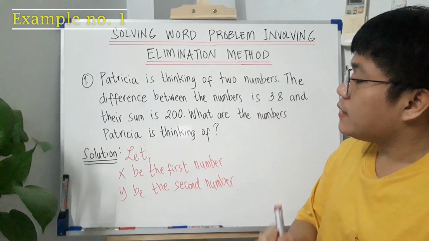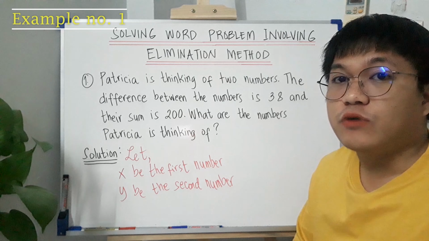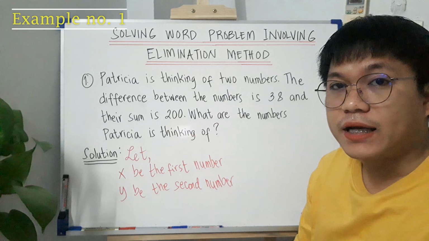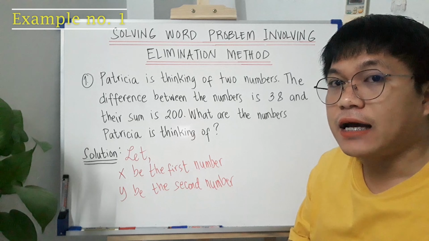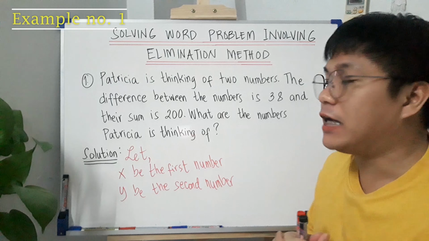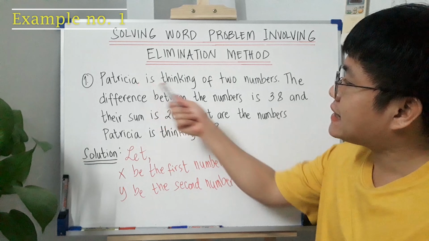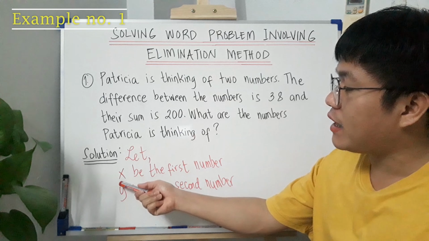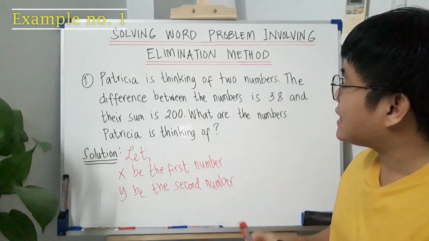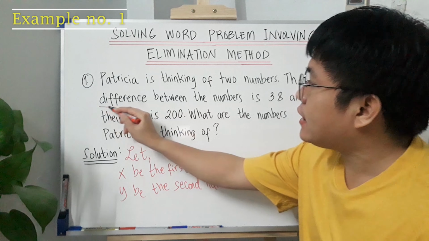Okay. Now, since we already represented the unknowns by the variables x and y, we can easily formulate the two linear equations based on the problem given. Patricia is thinking of two numbers, so we have here x and y. The difference between the numbers is 38. Now we have here the keyword difference.